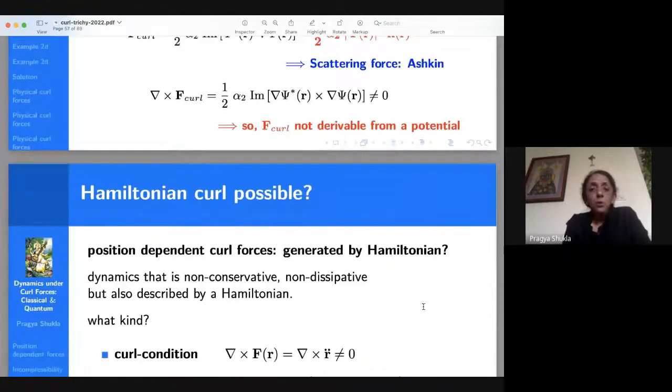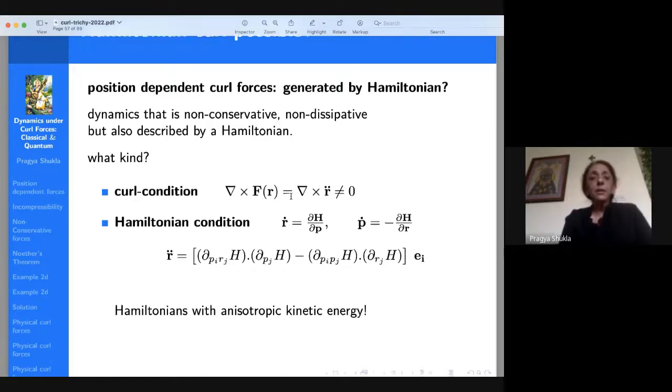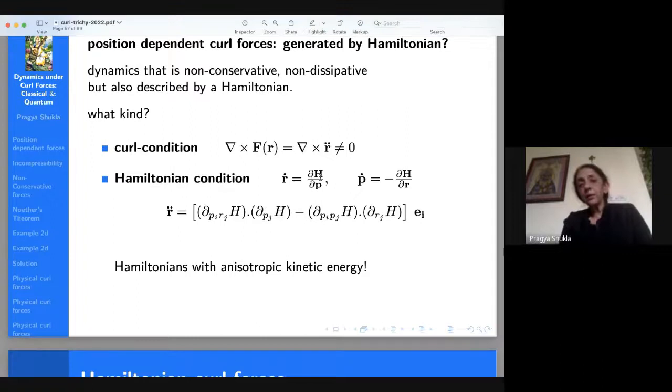So comes the last question, because I see I'm running out of time, so let me quickly tell you: the question is whether Hamiltonian curl is possible. What do you want to know? Whether the condition that del cross F is not 0, and the Hamiltonian condition that R dot is del H by del P and P dot is minus del H by del R, can be simultaneously satisfied.